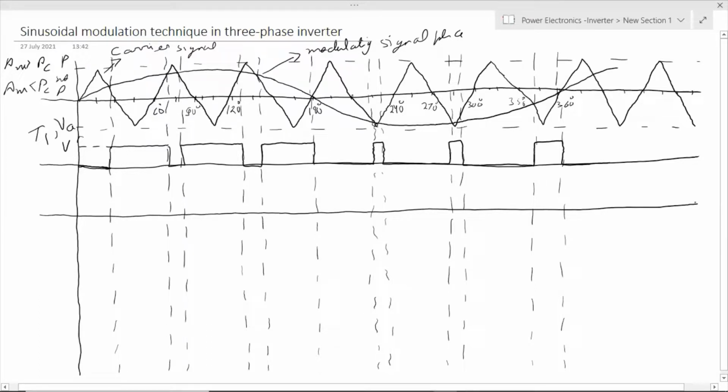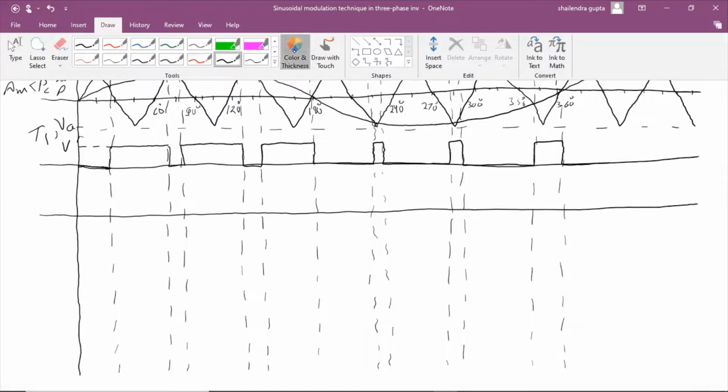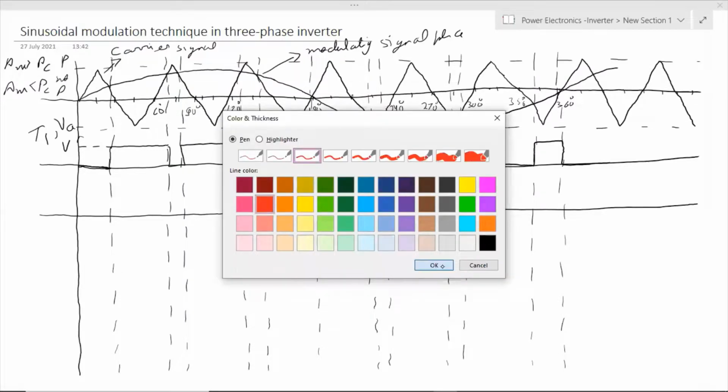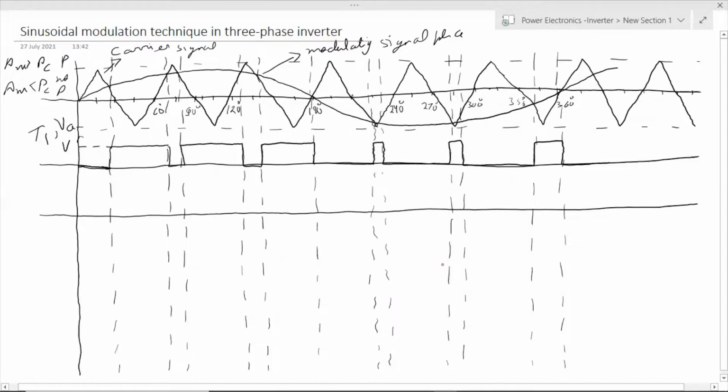Let us draw that with a separate ink. Let me take red color. If it is 120-degree lagging, then it should lag the phase A modulating signal by 120. So here it will start. This can start from 120 and go to 300. So let us do that.